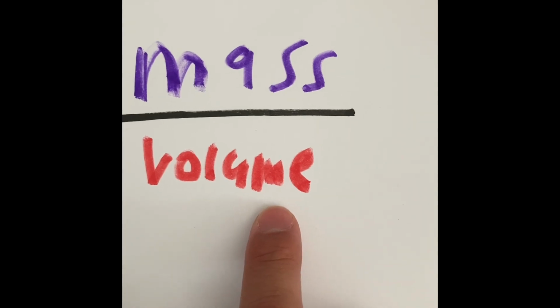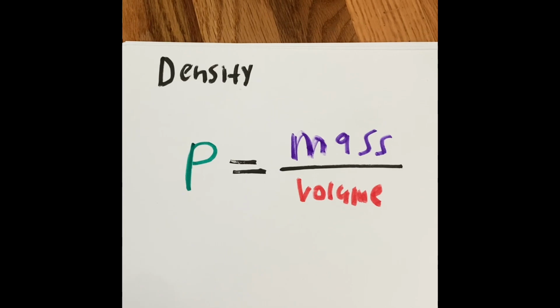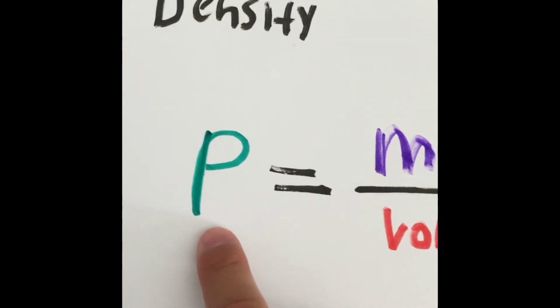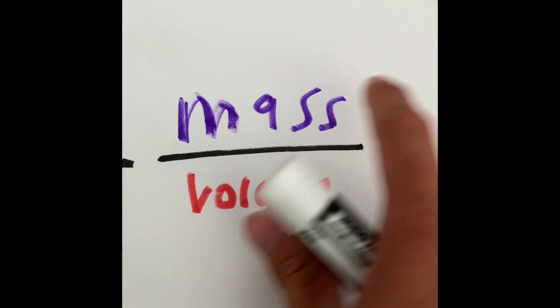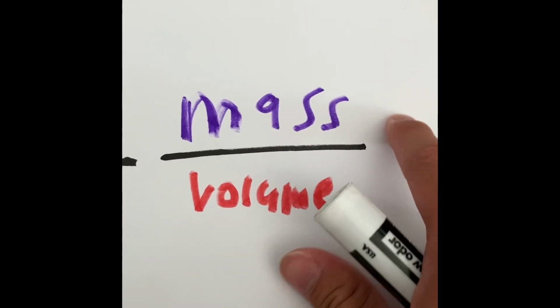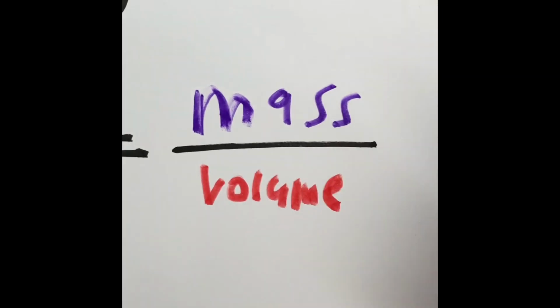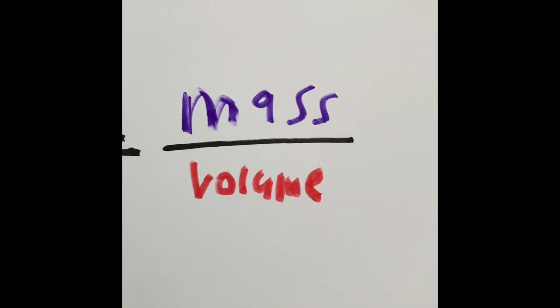So for the math part, the formula for the density of an object is: density is denoted as the letter P, and you have to divide the mass of the object by the volume of that object. The mass of the object explains how many particles are in that object.